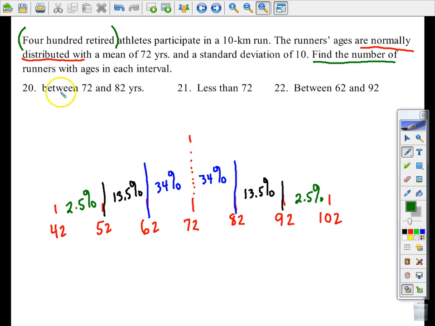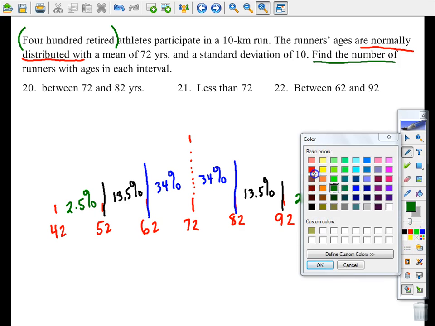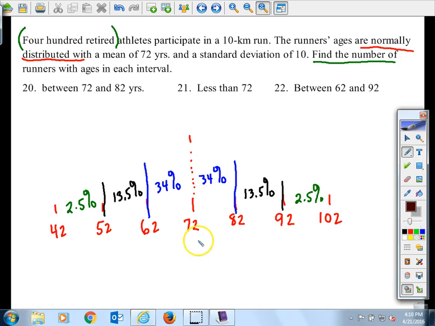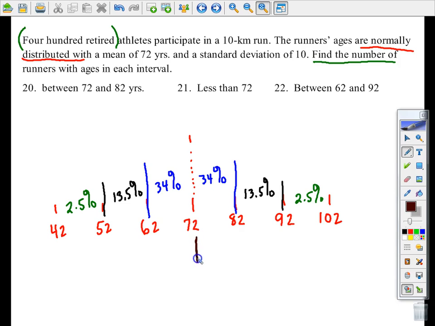So let's mark off the interval between 72 and 82. Okay, maybe a different color would be good. Just something different. So maybe I can do it down here. 72 to 82. All right. Well, that's 34%. 34% of my data in this particular case would fall within this particular range.